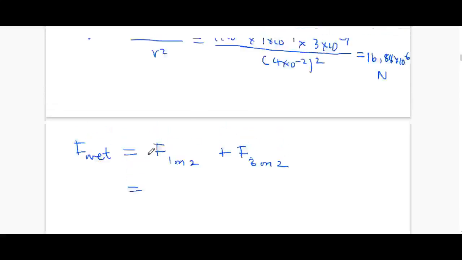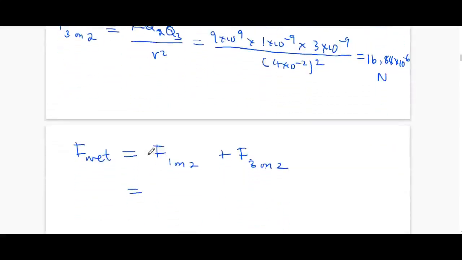So I'm going to have 45 times 10 to the power minus 6 plus 16.88 times 10 to the power minus 6.